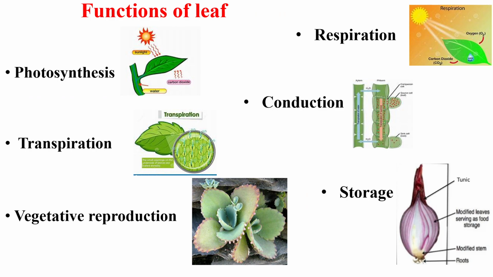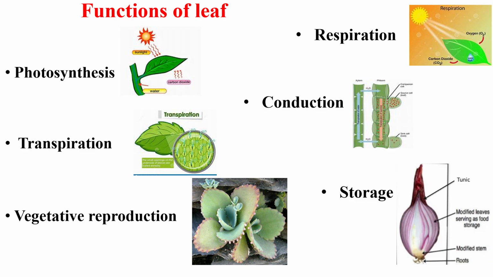The main functions of leaves are photosynthesis, respiration, transpiration, conduction, storage and vegetative reproduction. In photosynthesis, the green leaves manufacture food material in the presence of chlorophyll, sunlight, carbon dioxide and water. In respiration, food material is oxidized in the living cells and energy is liberated.